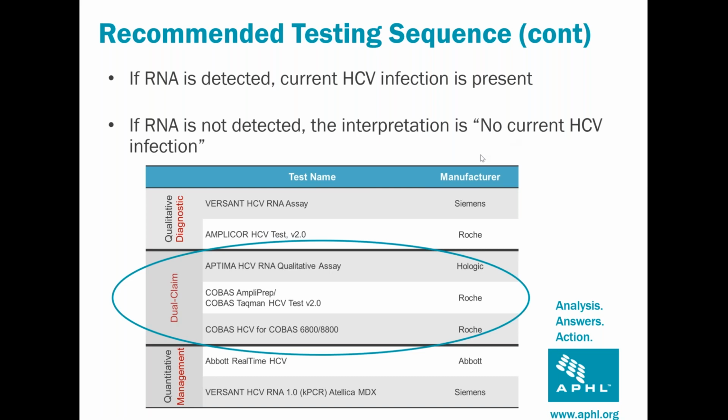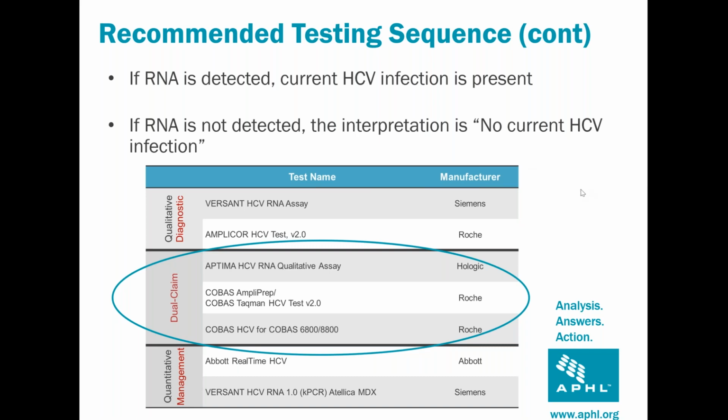So these three in the middle, there are two manufacturers for three assays, and they have what we call dual intended use claims. Very, very useful in the algorithm, in that they can be used for diagnostic as well as clinical management.